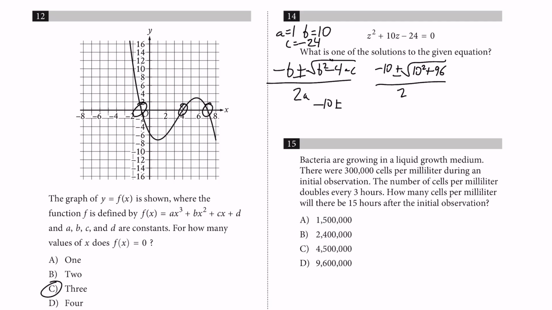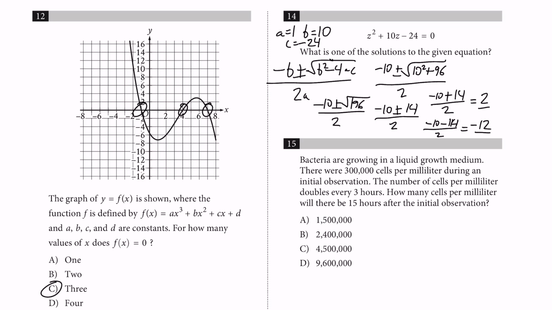Negative 10 plus or minus the square root of 100 plus 96, which is 196, over 2. The square root of 196 is 14. So negative 10 plus or minus 14 over 2. Negative 10 plus 14 over 2 is going to equal 2. Negative 10 minus 14 over 2 is going to equal negative 12. So those are your 2 answers.